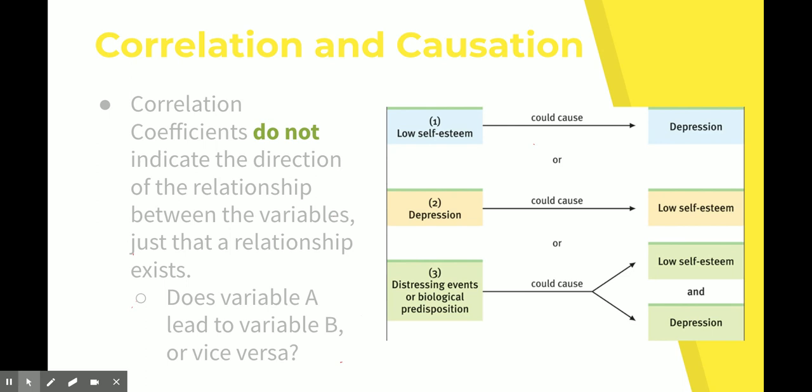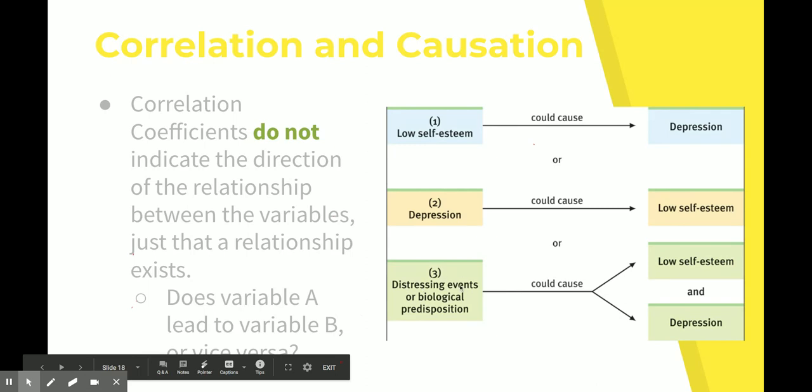For example, if we're talking about low self-esteem and depression, one direction the variables could go is low self-esteem could cause or lead to depression, or perhaps depression could lead to low self-esteem. So notice we don't know. We can say there's a correlation between low self-esteem and depression. We could find out a correlation coefficient. We could graph it on a scatter plot, but we don't know what is leading to what. It could be something else.